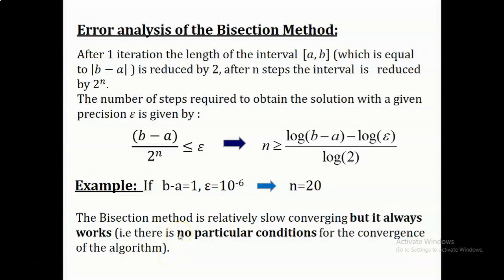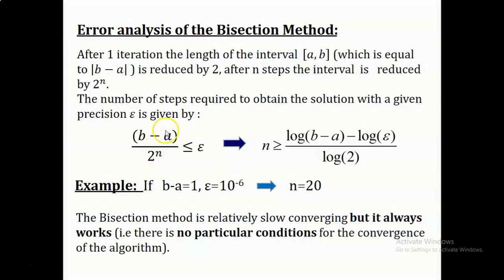And now we will evaluate the number of steps required to reach a given precision epsilon. If the length of the interval is b minus a, after one iteration, the length will be reduced by a factor 2, so it's (b - a)/2. After n steps, the length will be (b - a)/2^n.